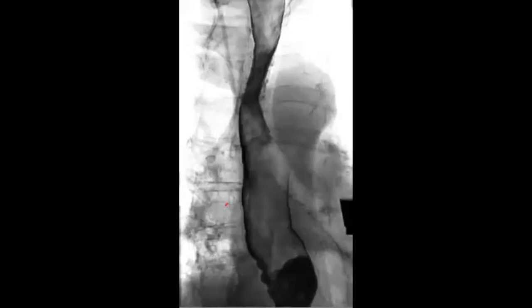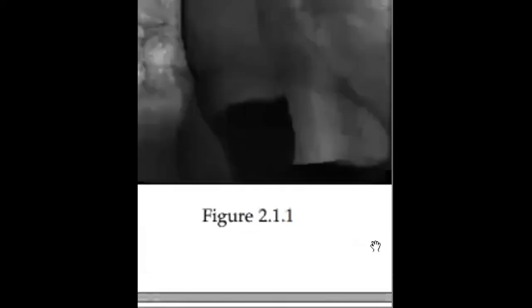And regarding the stricture, maybe they would like to do what is called endoscopic dilatation. Okay, so this is esophageal intramural pseudo-diverticulosis. It is a benign disorder, it can happen at every age, especially in males.